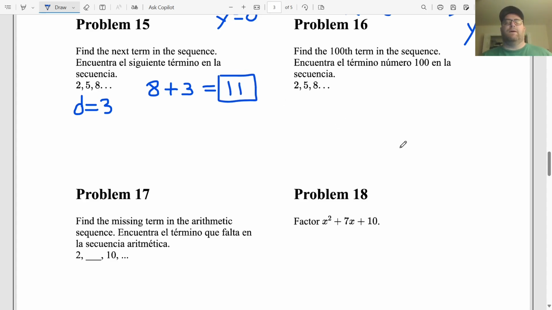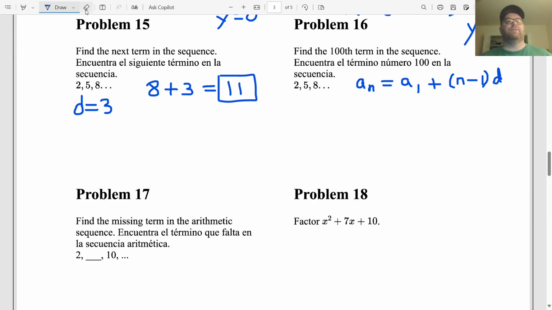Okay. Next one, find the 100th term in the sequence. So we have to have the explicit definition here for this arithmetic sequence. The explicit definition, the general form, is a sub n, the nth term, equals a sub 1 plus n minus 1 times the common difference d.